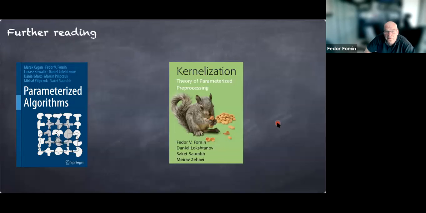And for further reading, for more algorithms using matroids, the book Parameterized Algorithms would be the one to look at. If you are interested in more kernelization applications, and in how gammoids are applied for kernelization, there is also a book, and all these books are legally available for free download.